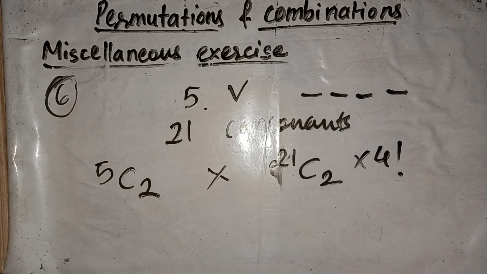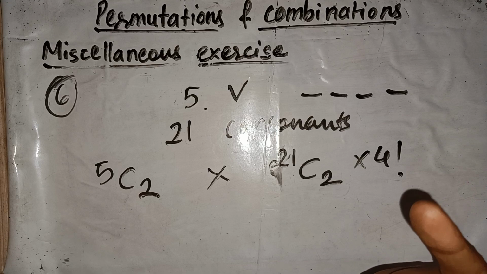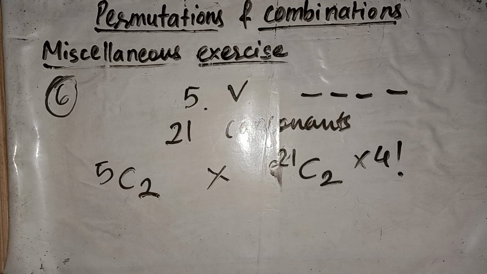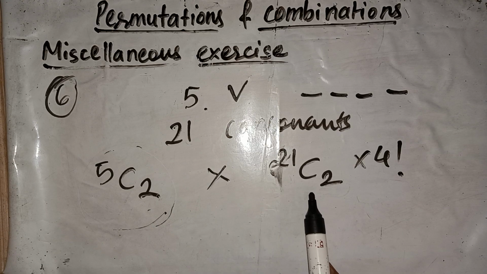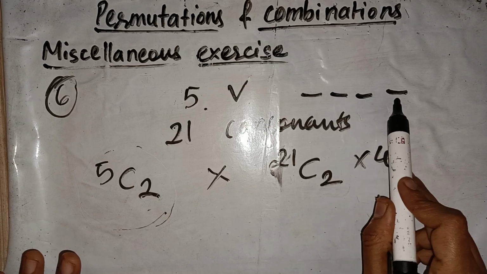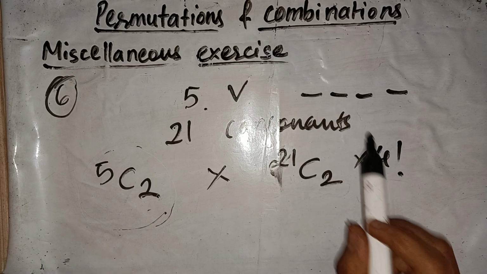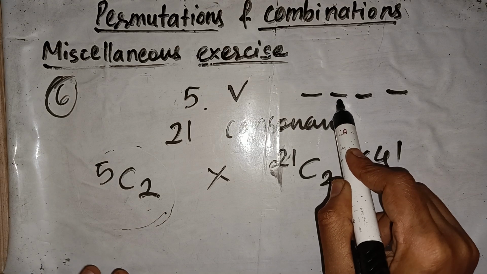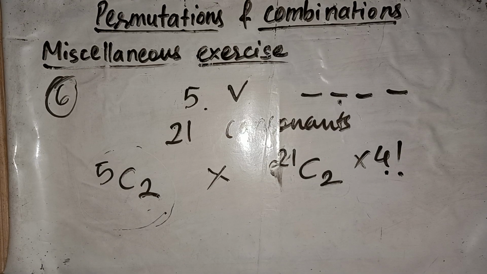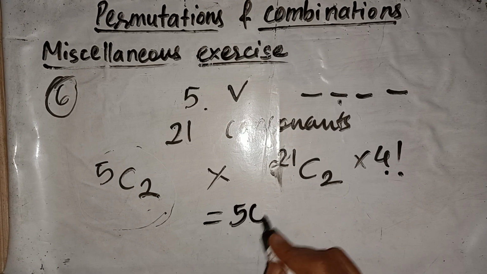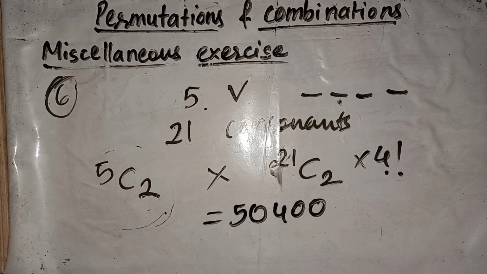So we have to make use of the multiplication principle. This is our choice of vowels, this is our choice of consonants, and then these letters are rearranged. So it is a permutation, that is 4P4, so 4 factorial. So total it comes to 50400.